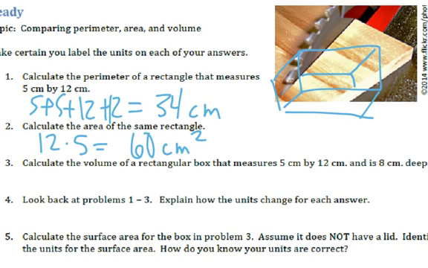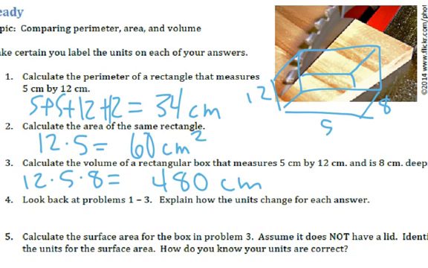It's 5 by 12 again, but then we've also got 8 centimeters deep. So the volume is basically just the area of the base times the height. So 12 times 5 times 8. 12 times 5 is 60, we already know that, times that by 8, and that is 480 centimeters. Now we've added another dimension to it, so it's cubed.